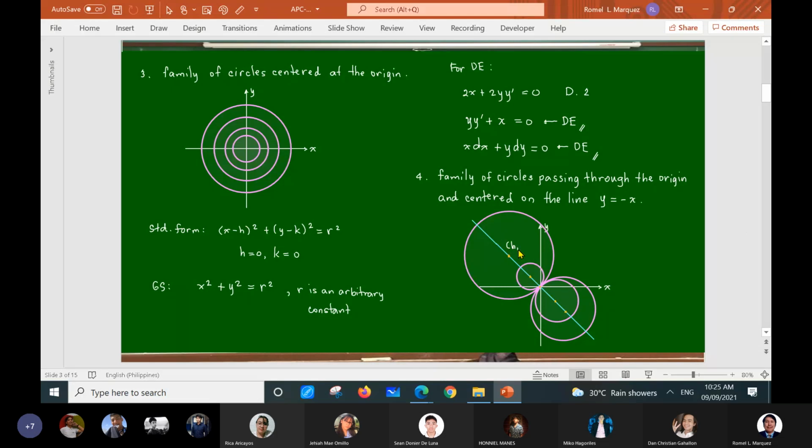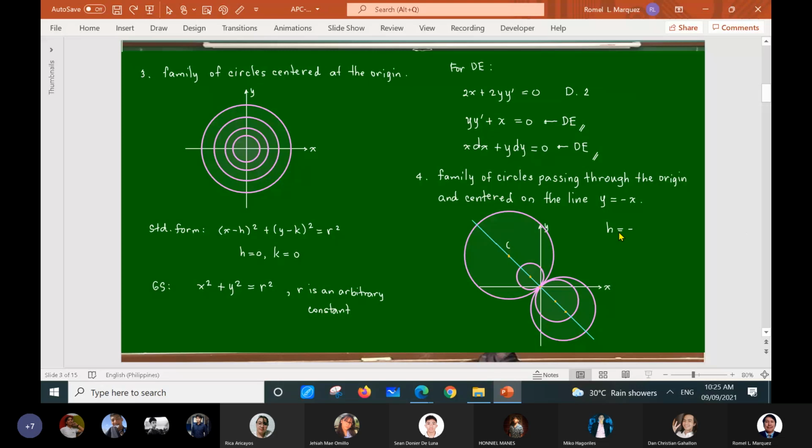Kung ito H, anong masasabi niyo sa K, children? Negative H. Di ba kung 4 to, negative 4 yun. Am I correct? So ang H, negative of whatever the K is.